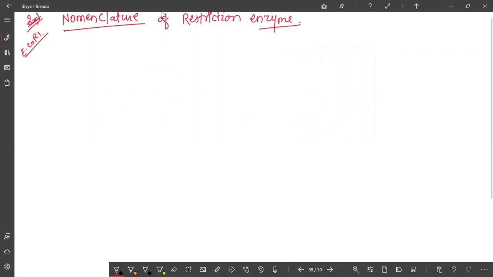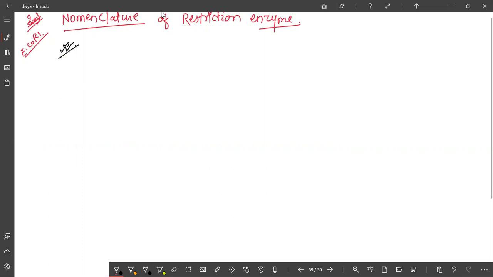What is the nomenclature? Generally, restriction enzyme is obtained from bacteria, and the nomenclature will be according to the bacteria from which we take the enzyme.